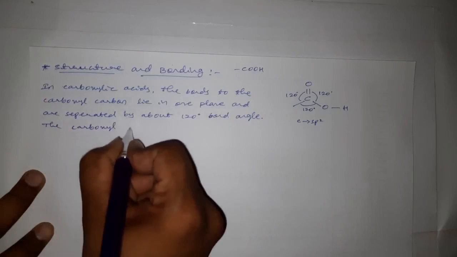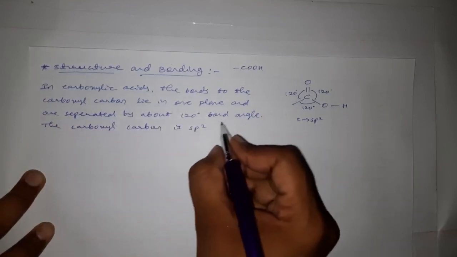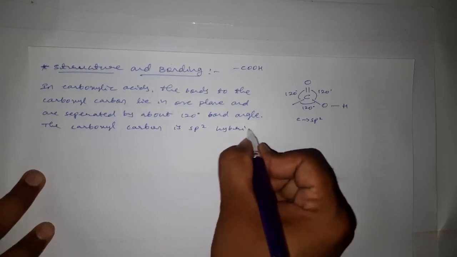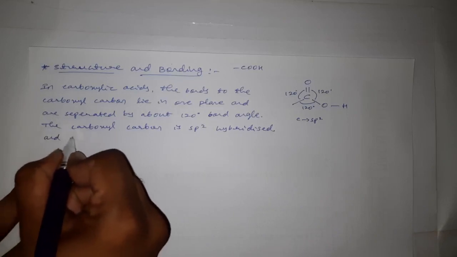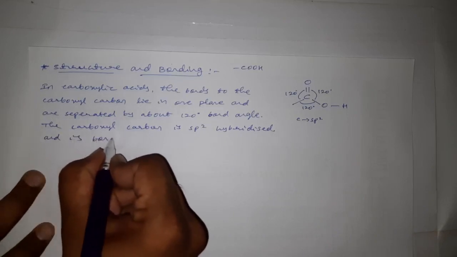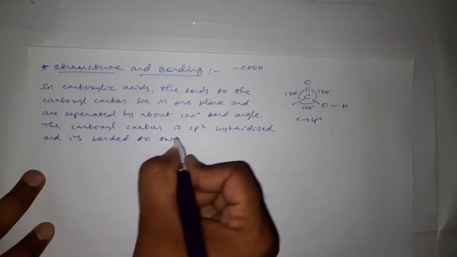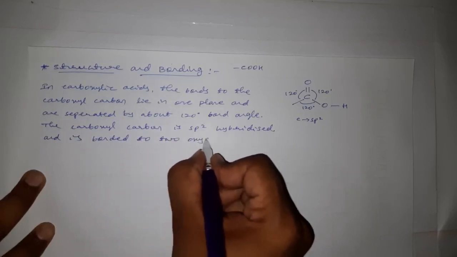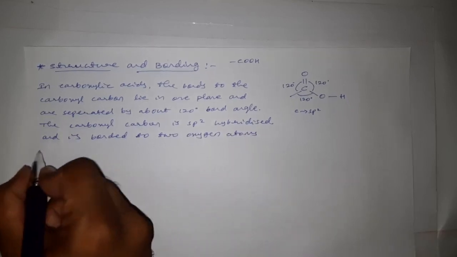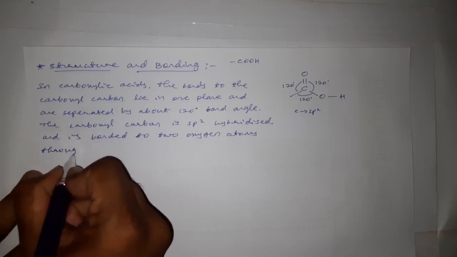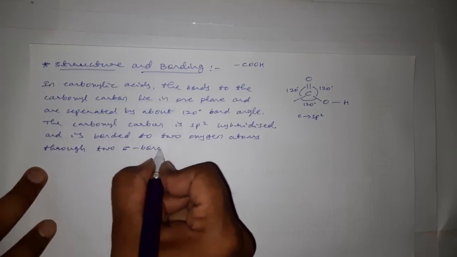And the carboxyl carbon is sp2 hybridized and is bonded to two oxygen atoms through two sigma bonds.